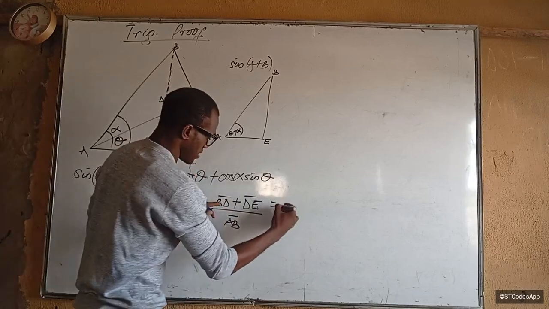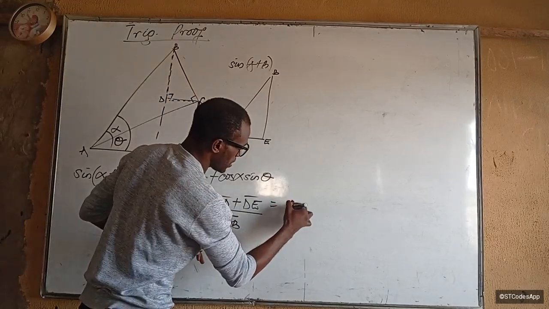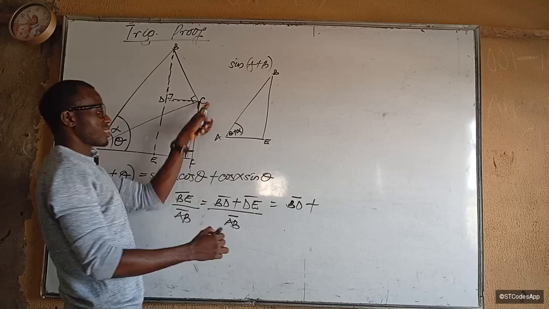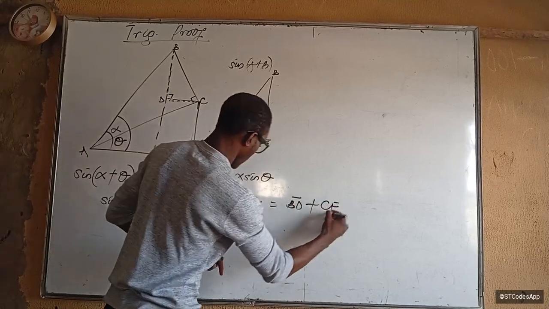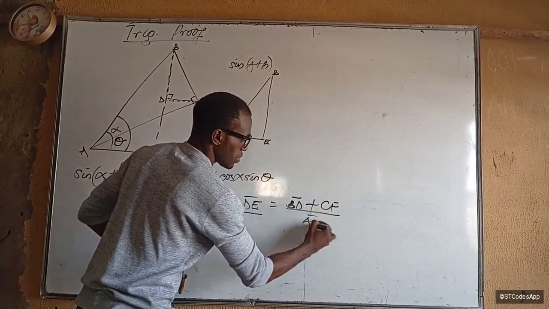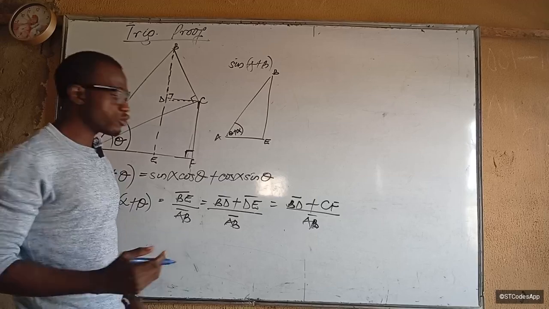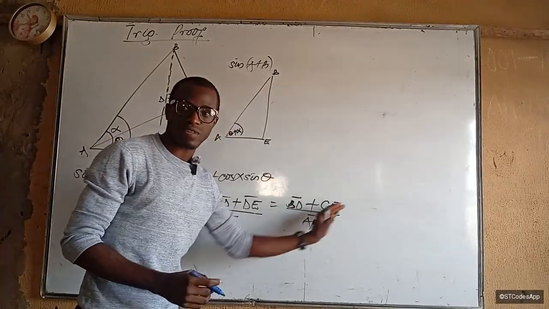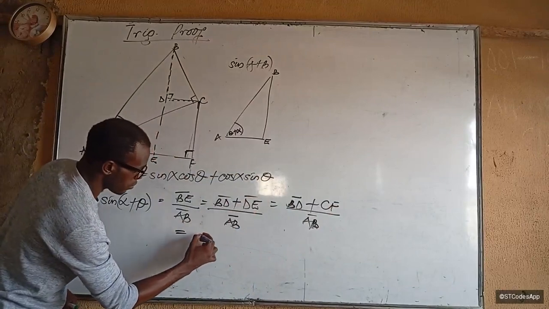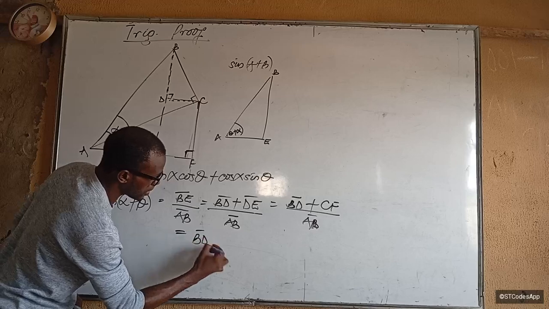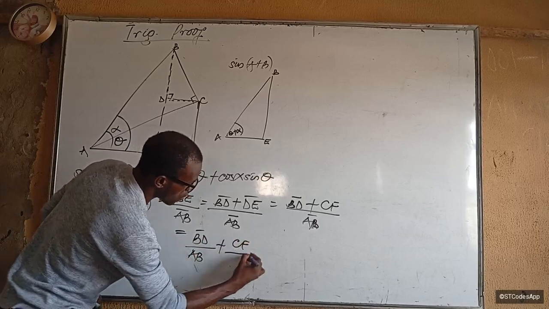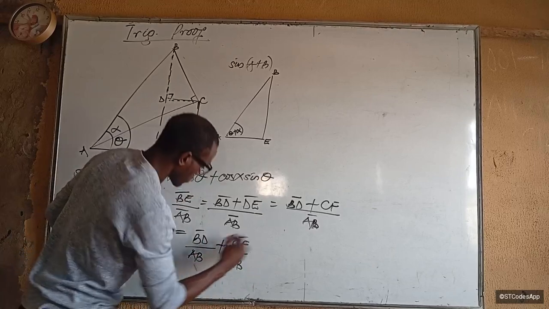So we can rewrite this as line BD plus CF over line AB. Now we will distribute this denominator for both of them, and it becomes line BD over line AB plus CF over line AB.